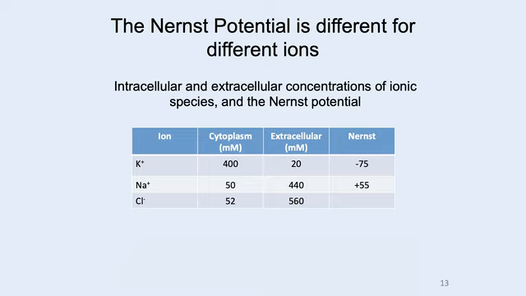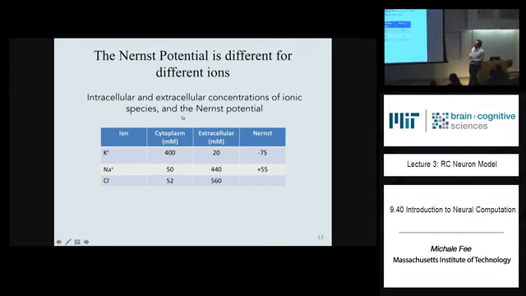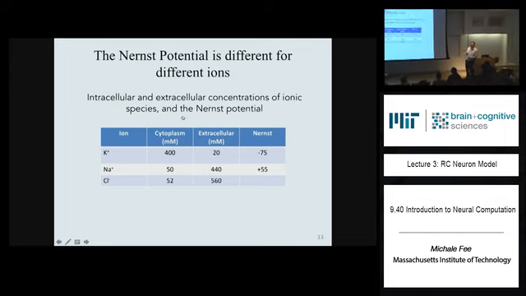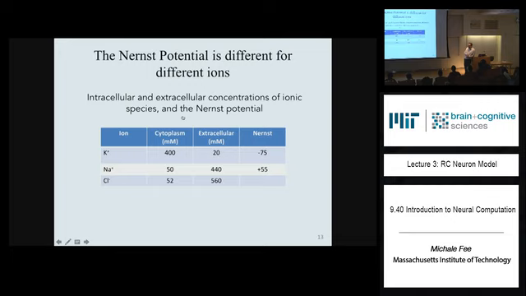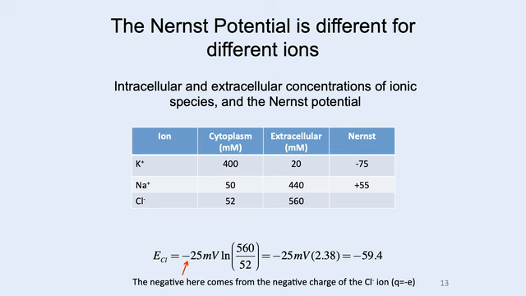They're negative, so what is that going to do to the voltage inside the cell? More negative, good. And the ratio of concentrations here is about 10, so log of 10, it's 2-ish. So what's the Nernst potential going to be? About minus 50, exactly. If you plug in the actual numbers, it's minus 60.